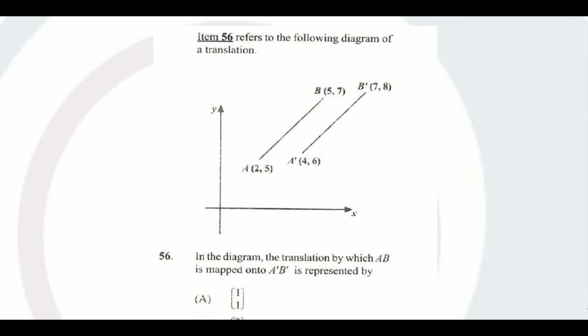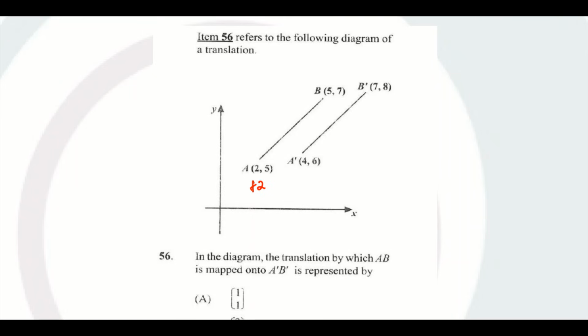Item 56 refers to the following diagram of a translation. Here are two lines, AB and A prime B prime. The translation by which AB is mapped onto A prime B prime: let us observe A. We're going from 2 to 4, so that's a plus 2.